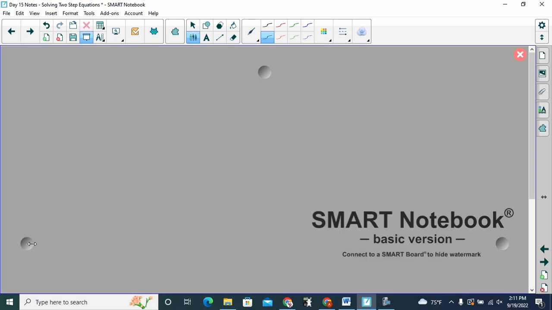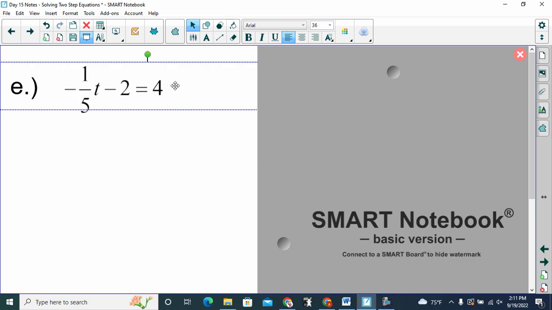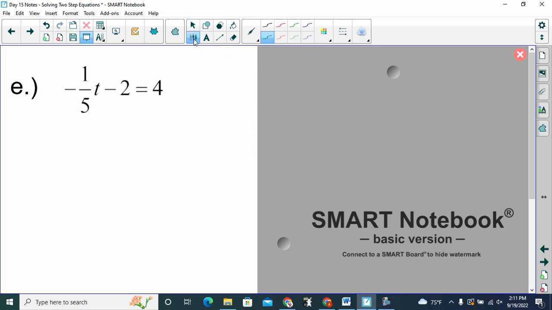Part E. Part E says negative 1/5 t minus 2 equals 4.